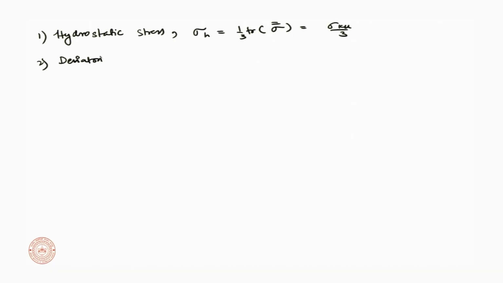One is called the hydrostatic stress. The hydrostatic stress sigma h is 1/3 the trace of our sigma tensor, that is sigma kk by 3. The second one is called the deviatoric stress. It is given by sigma dash ij, which is equal to sigma ij minus del ij into sigma h, right.